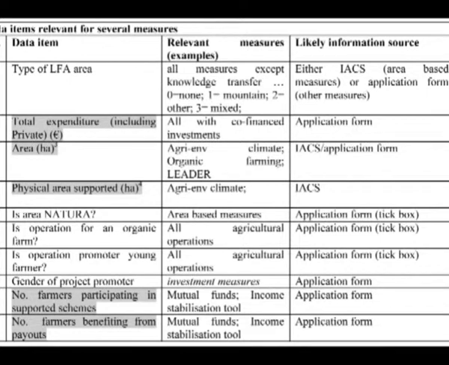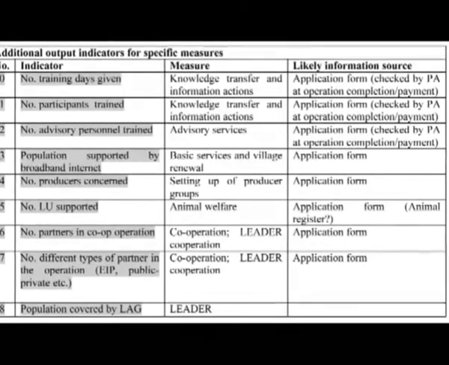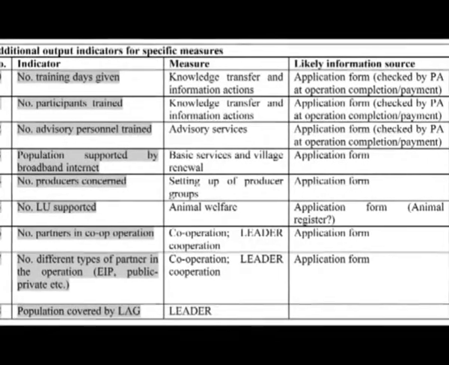Again, for all the investment-related measures, we wouldn't only want the public expenditure, but we'd want the total expenditure for the investments because we would want to capture the private contribution. We'd want to be able to look at leverage, for example. And then, even having looked at those, there were some measures for which we felt strongly that there was some additional information needed that was really very measure-specific.